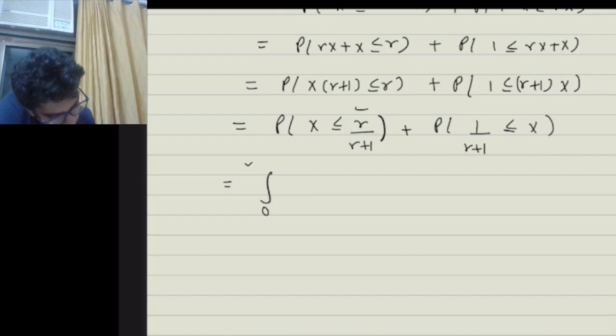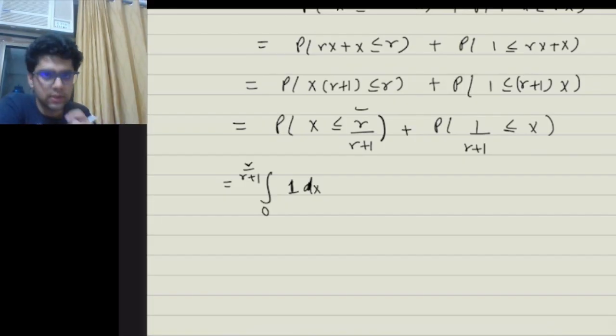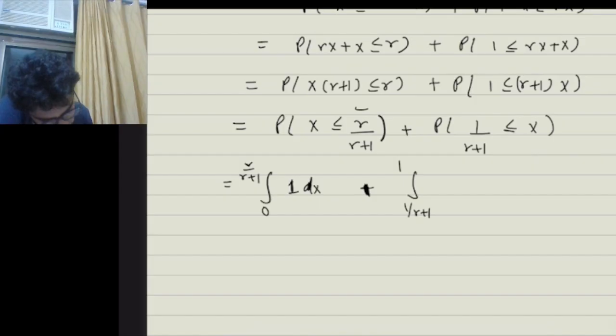So 0 to r upon r plus 1 of 1 dx, a simple integration in a uniform distribution. I've already discussed this in the previous videos, so go and check them out. And adding it, the lower limit would be 1 upon r plus 1 and the upper limit would be 1, dx again, 1 into dx.